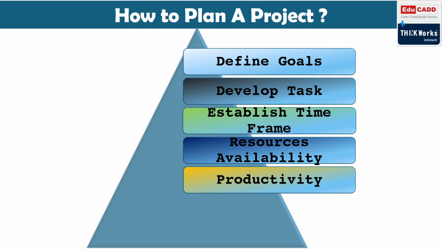Based on the productivity also we have to check. Productivity helps in calculating the time frame and the resource requirement, and then we have to organize all those things in a systematic manner. That is how we can plan a project.